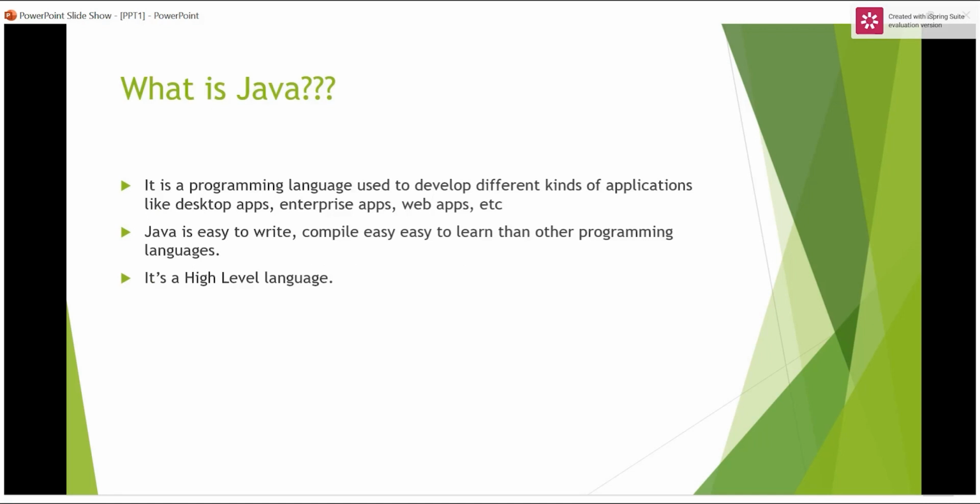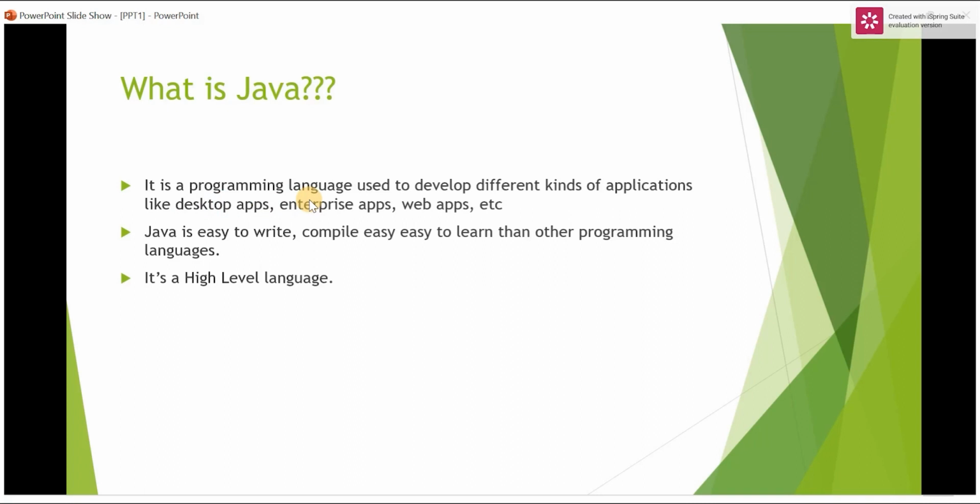Now what is Java? Java is a programming language, and it is used to develop different kinds of applications like desktop applications, enterprise applications, web applications, etc. Desktop applications are applications that we can install in our machine.